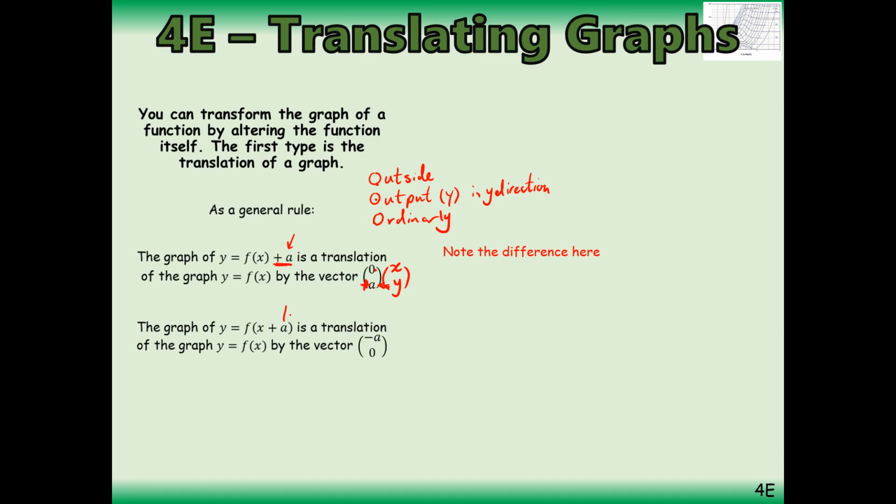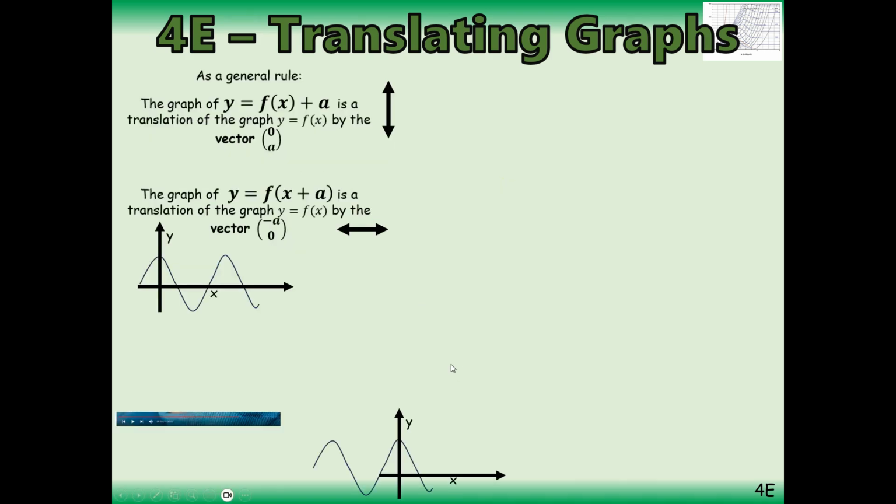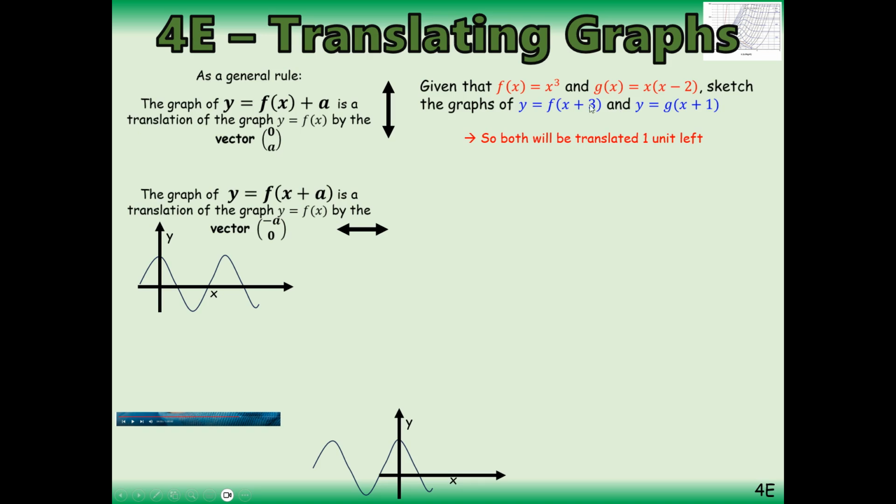Now, when the change I tried to explain to you is inside the bracket, remember the change affects the input inversely. All right, that's why you actually see a minus sign in front of this a, because x values will move in the opposite direction. Or rather, the graph will move in the opposite direction. All right, so let's consider this red line here and this blue graph here, red and blue graph. So the original x cubed will look something like so.